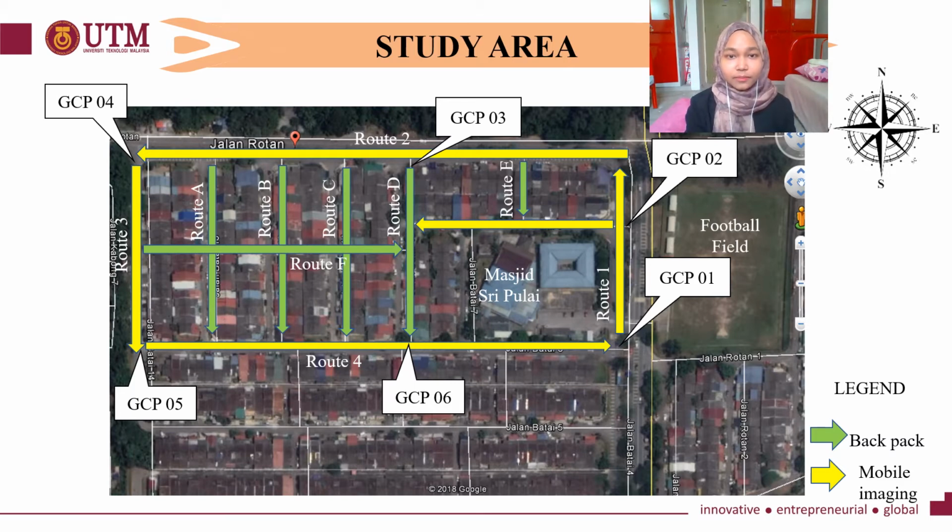Apart from that, the inaccessible areas such as Road A, Road B, Road C, Road D, Road E, and Road F use a backpack camera to capture the TNB assets. And the total area for this study area is approximately 2 kilometers.